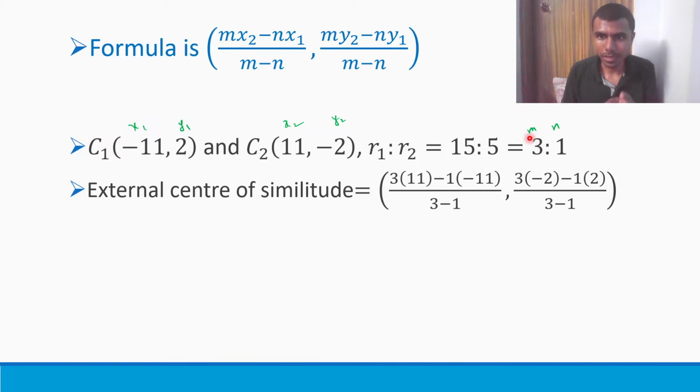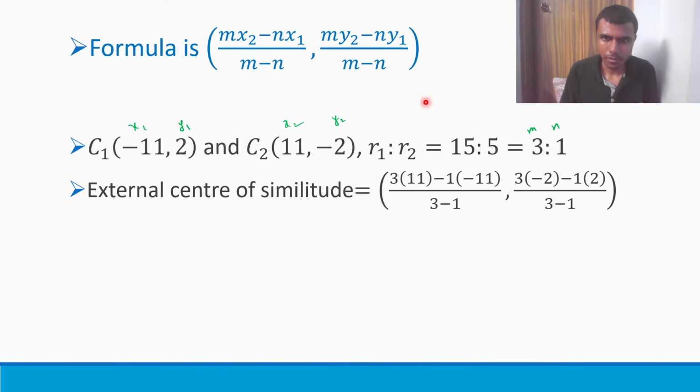That m is 3. 3 into x2 is 11, so 3 into 11, minus n x1. n is 1, and x1 is minus 1, so minus 1 into minus 1, all divided by m minus n, that means 3 minus 1. Next, (my2 - ny1)/(m - n). So 3 into minus 2, minus 1 into 2, divided by 3 minus 1.